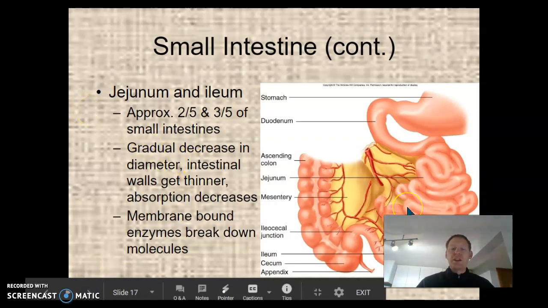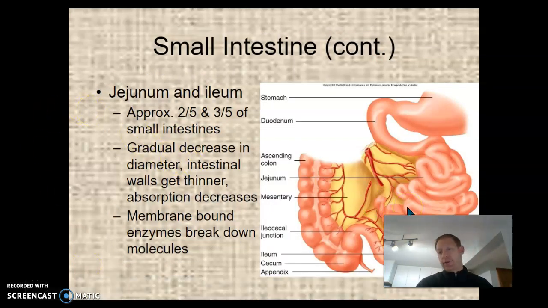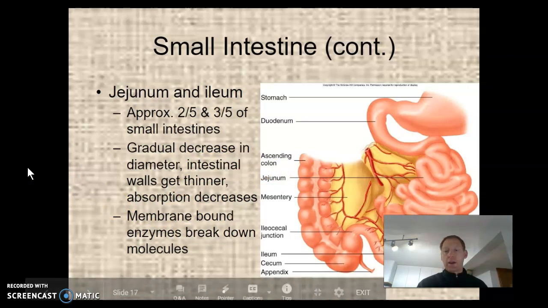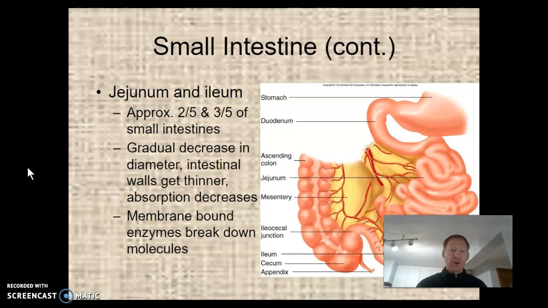All right. Jejunum and ileum are the second and third sections of the small intestine. As you move along, we're not going to get into the details of each particular curve, as that would be too much. But most of the absorption happens in that first duodenum, and then it decreases over time as you move along.